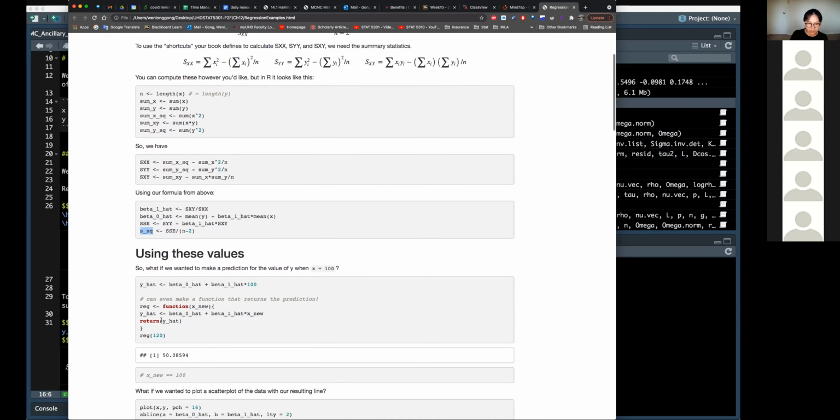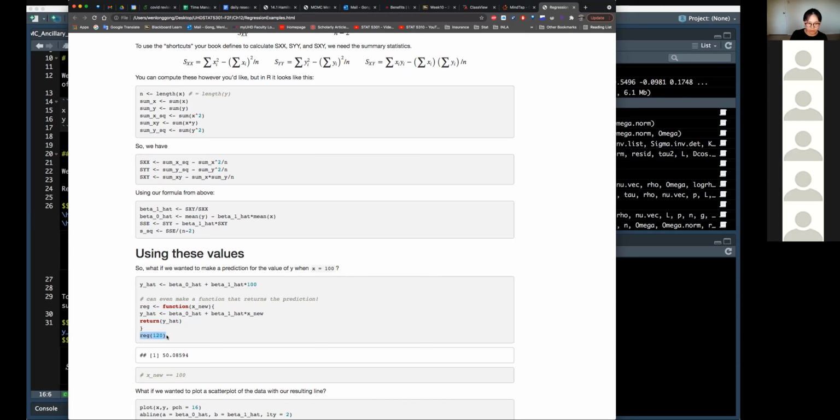I made a function here that is nothing but this: you give the new value of x, and it will give you back the y hat, because you put this beta 0 hat and beta 1 hat inside, and once you give this new x value, it will return the y hat.